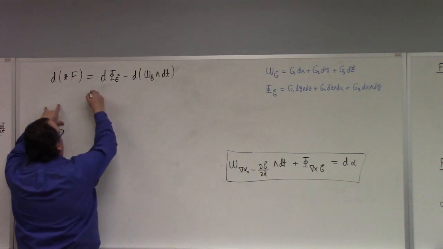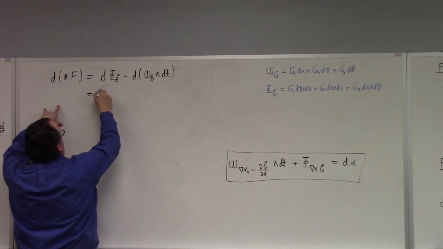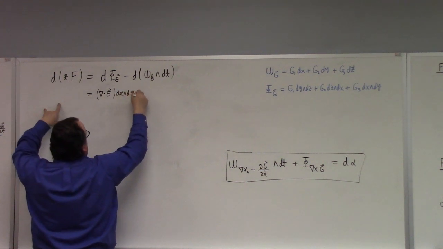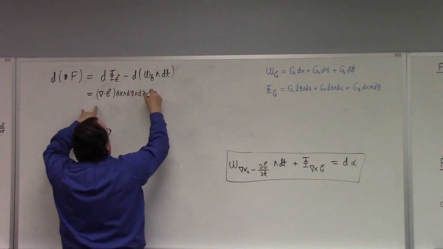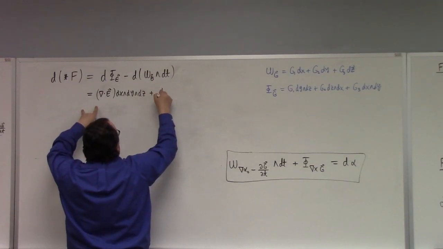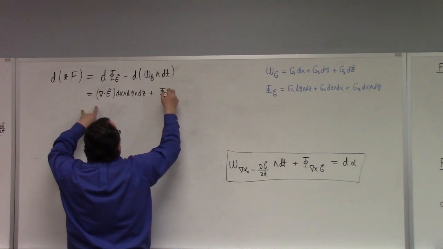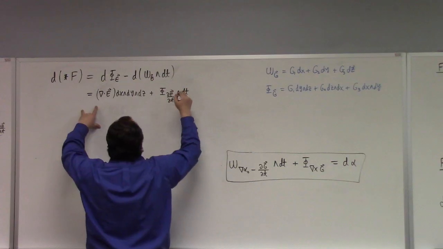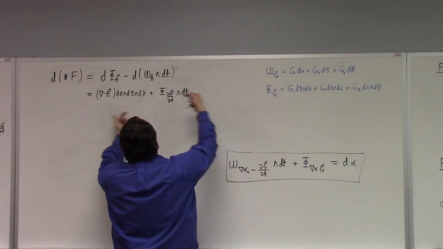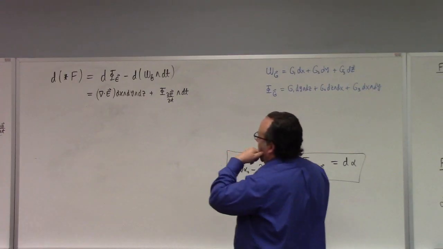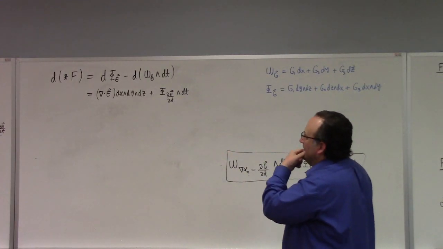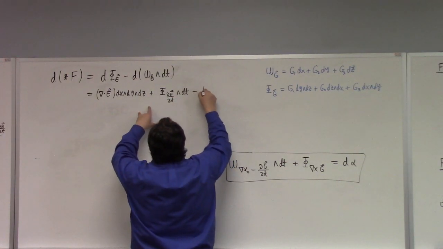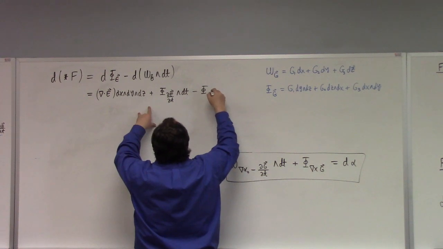So we think through these, we get the divergence of the electric field, dx wedge dy wedge dz, plus the flux form of partial E partial t wedge dt, I believe. I guess technically it may be supposed to be the other way, but it's a 2 form, so it doesn't matter. And then the other term, hopefully I'll be less dumb this time, minus the flux form of the curl of B.